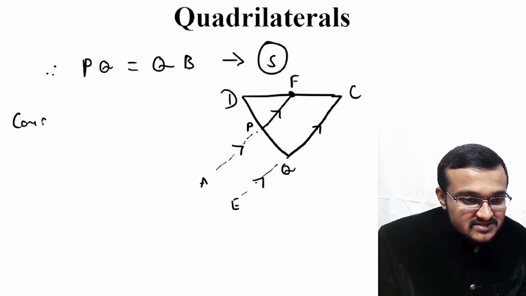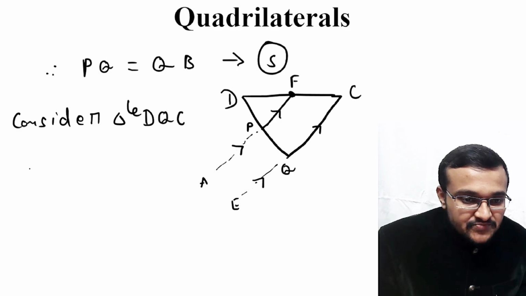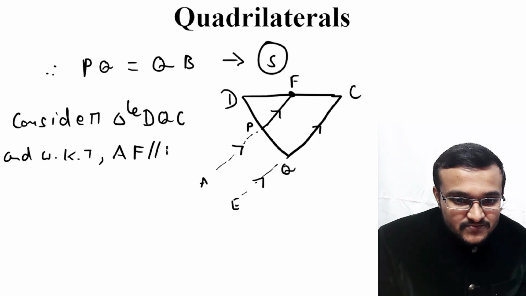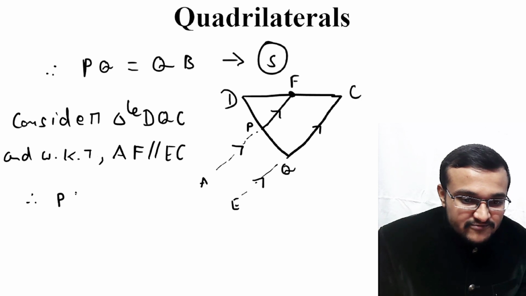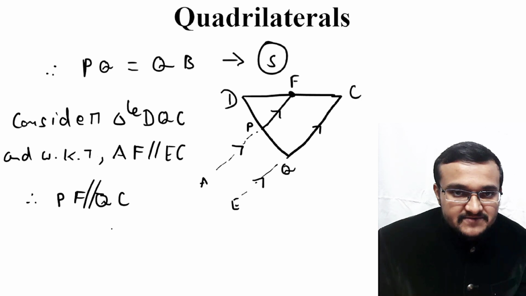So consider triangle DQC. We know that AF is parallel to EC. Since AF is parallel to EC, therefore PF is parallel to QC.